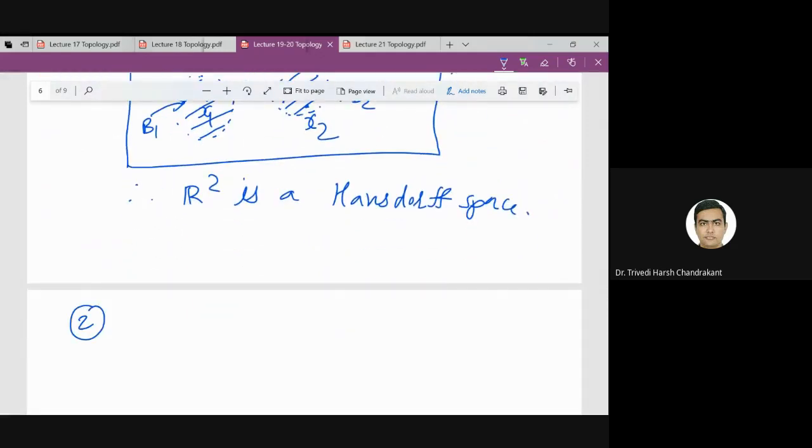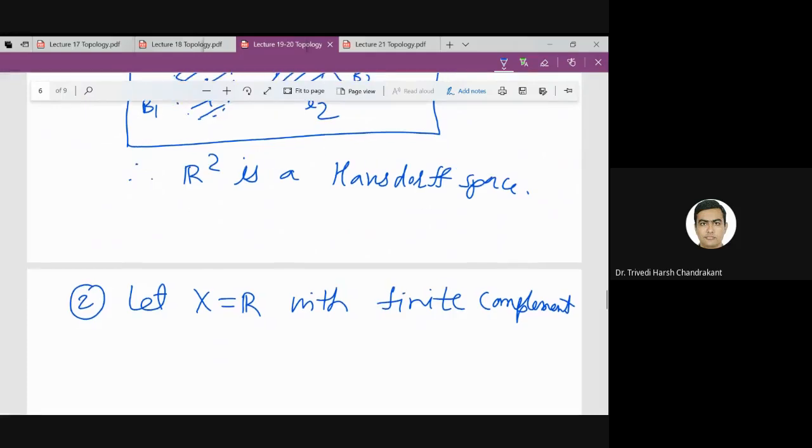Let us discuss a space which is not Hausdorff. Let X be R with the finite complement topology.